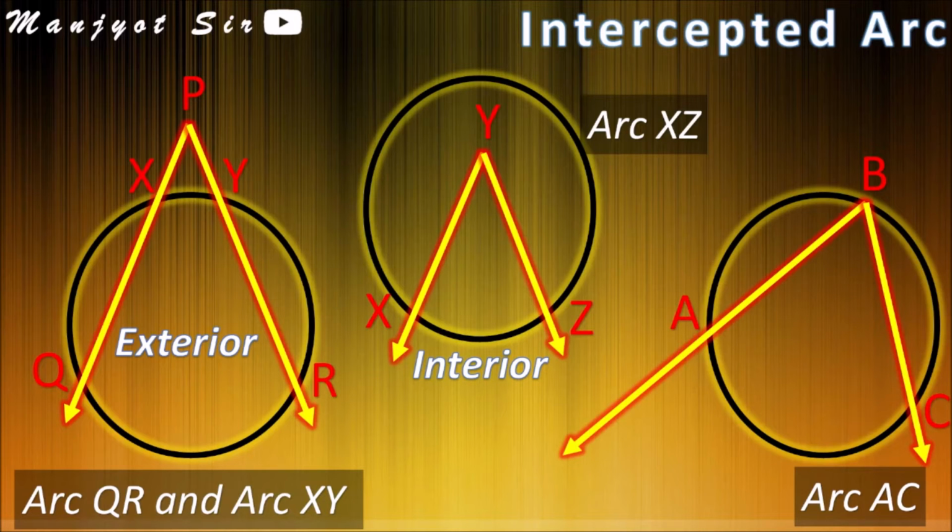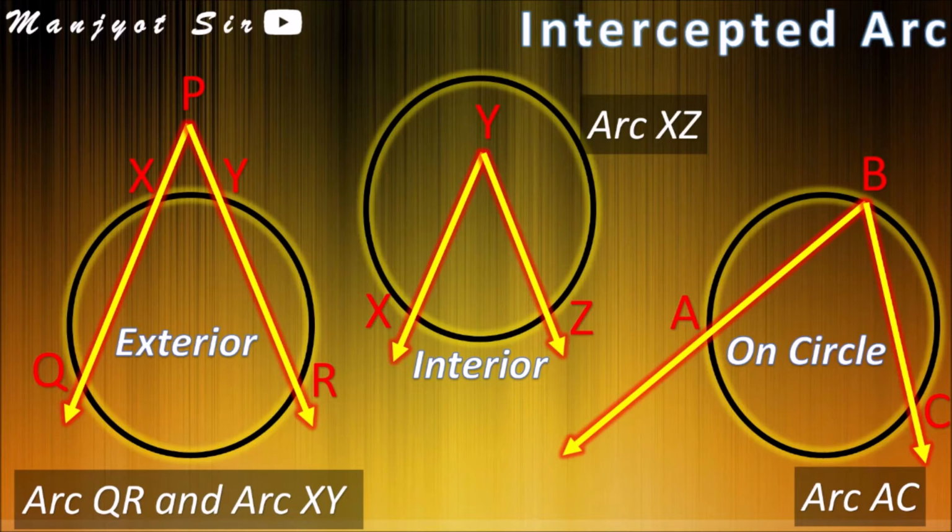And whenever we have the endpoint on the circle, again we have one and only one intercepted arc, and such an angle is called an inscribed angle. So for an intercepted arc, it is not necessary that there should always be an inscribed angle, which is our third case. It can be in the interior or in the exterior. Remember, the arc which is stuck in between the angle is called an intercepted arc. So it can be an inscribed angle, it may not be an inscribed angle, it doesn't matter, right?